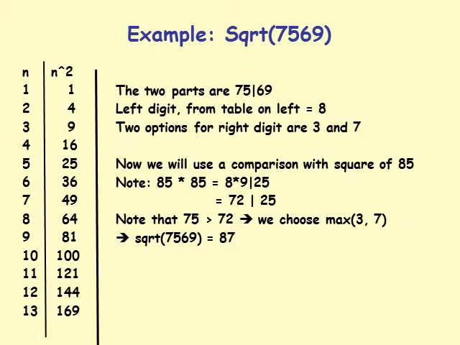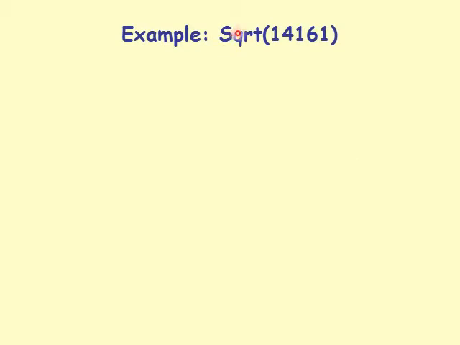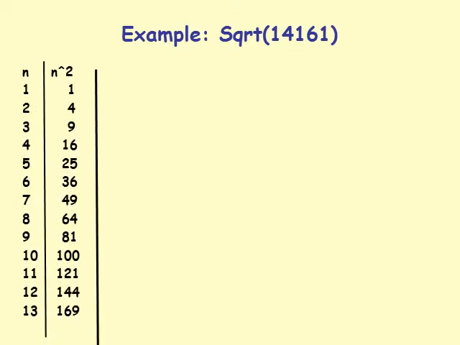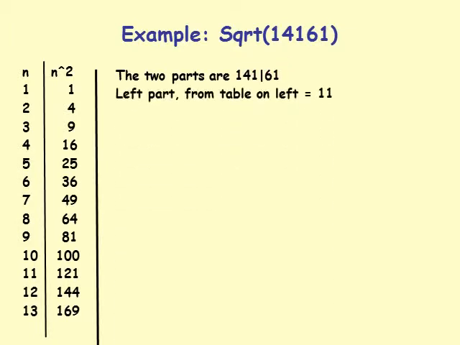Let us consider another example. 14161. Square root of 14161. Here's my cheat sheet. Here the two parts are 141 and 61. Rightmost two digits on the right and everything else on the left.